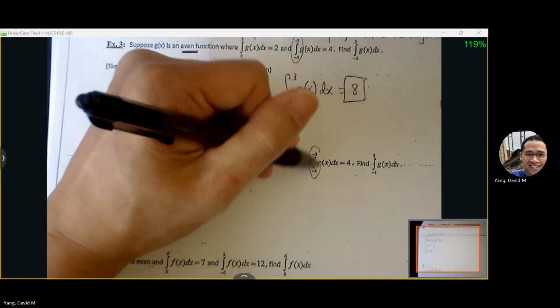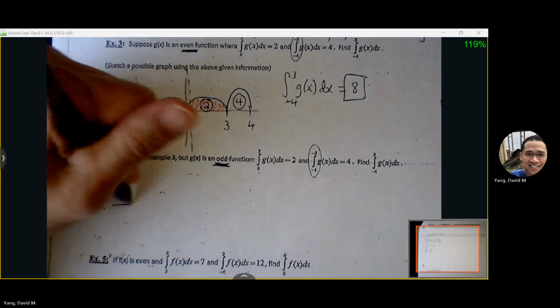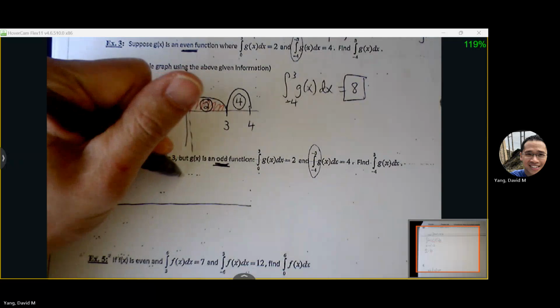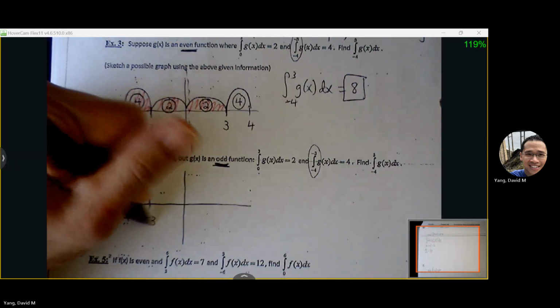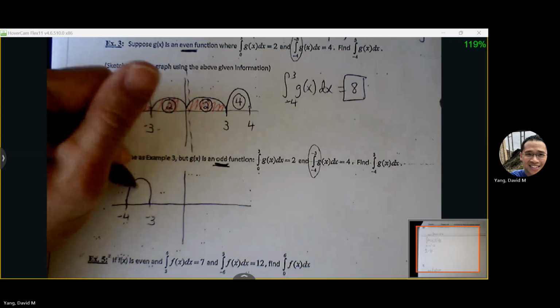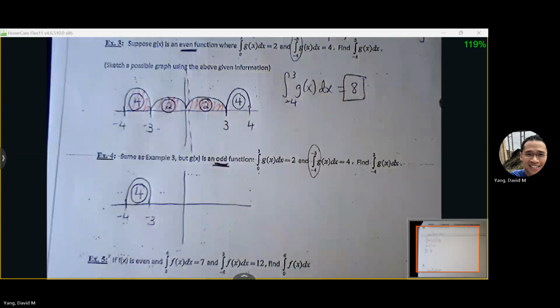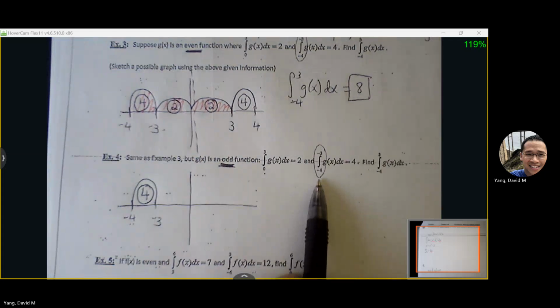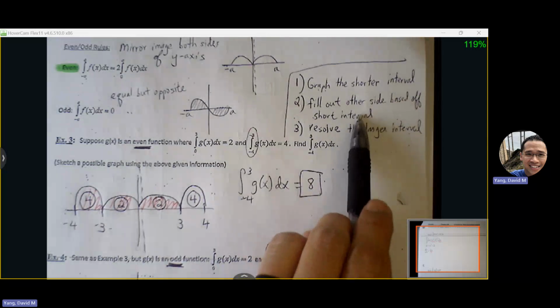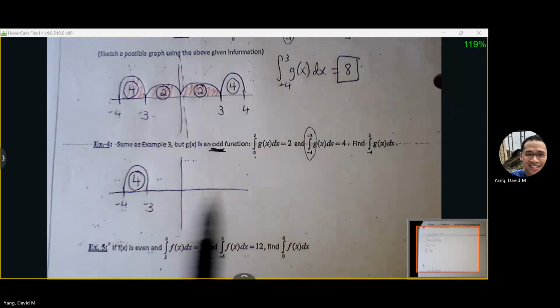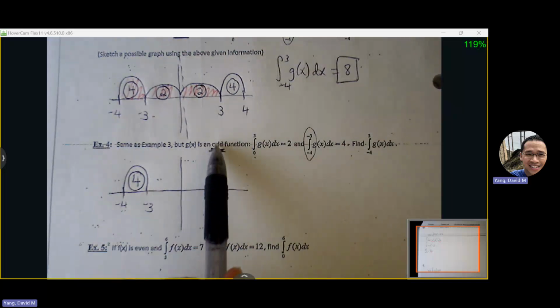Start here. Once we have the shorter interval filled out, go ahead and fill out the other side. Don't do the larger interval yet. It's an odd function now.